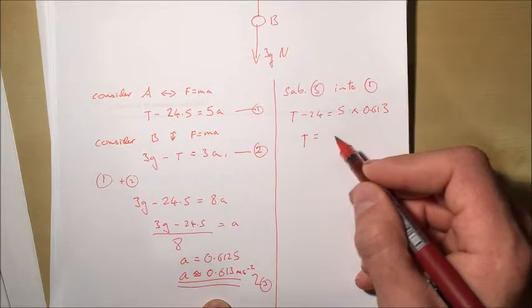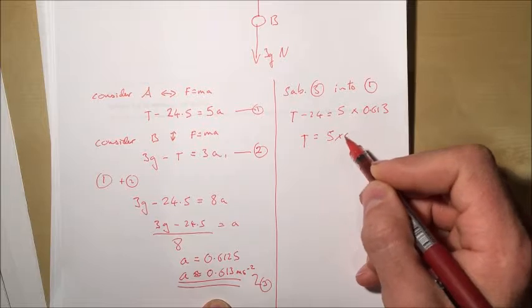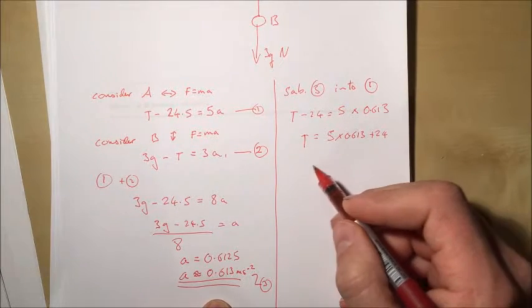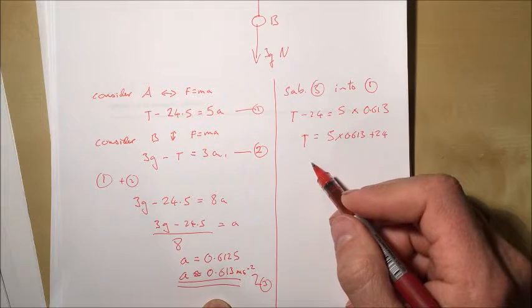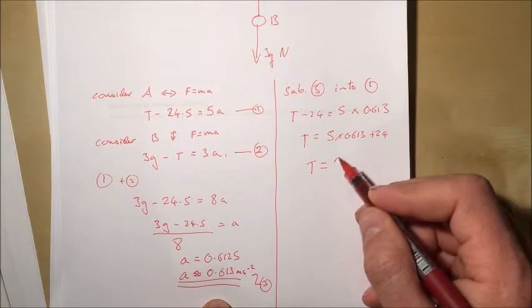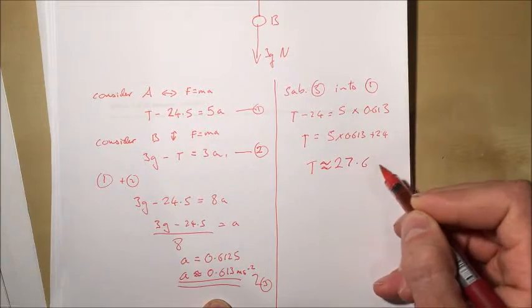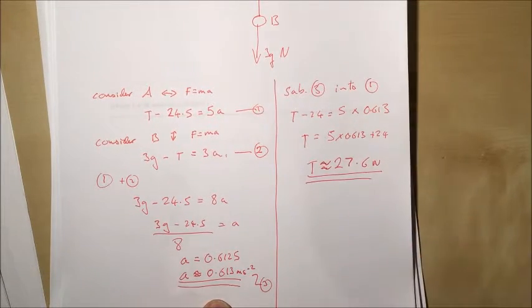So T equals, rearrange this equation, and we plug all that through, and the answer in the back of the book to 3 significant figures, so I'll put an approximately equal because this is after the rounding, 27.6 newtons.